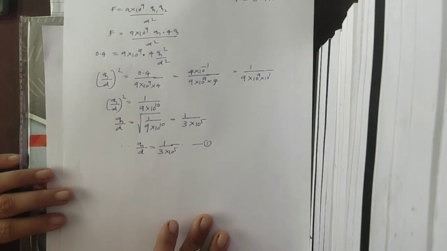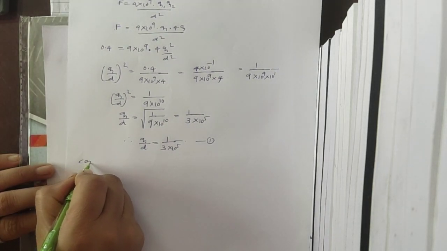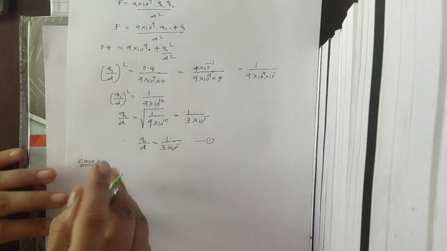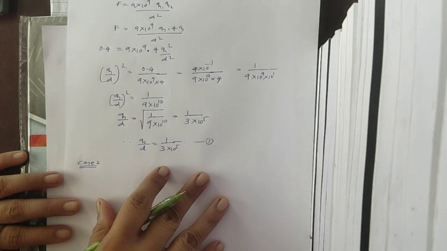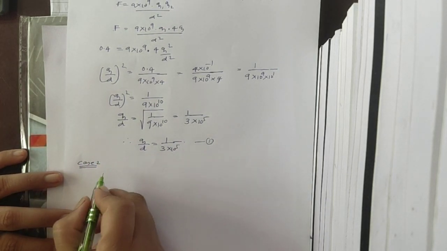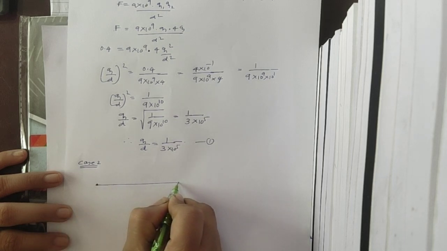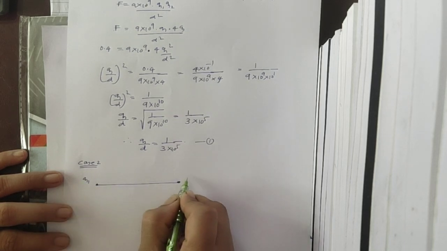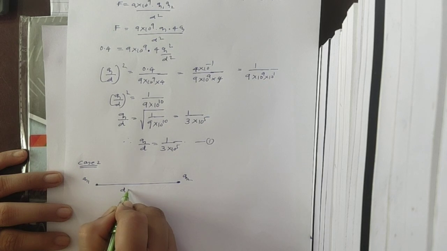Now case 2. Case 2 is when the distance between them is decreased by 10 centimeter. Q1, Q2, and distance D minus 10 centimeter, which means D minus 0.1 meter.